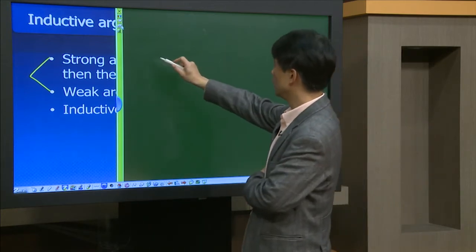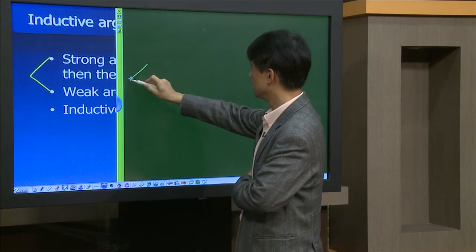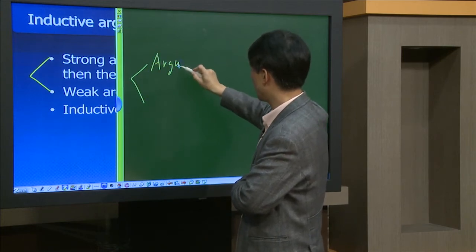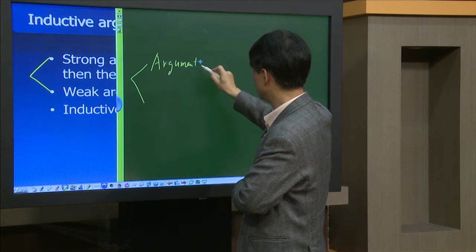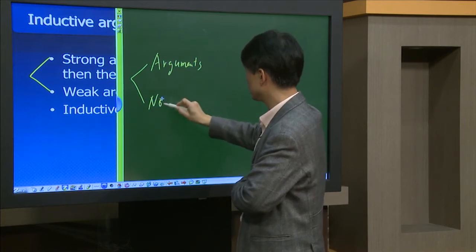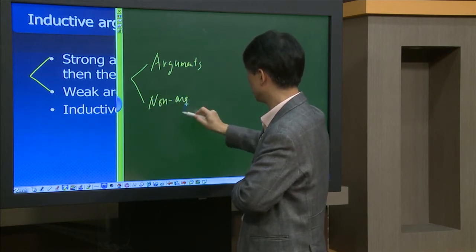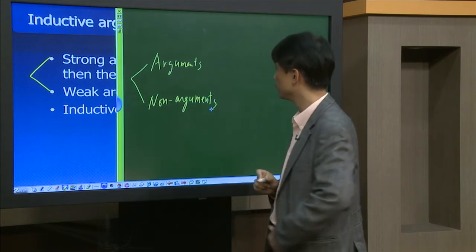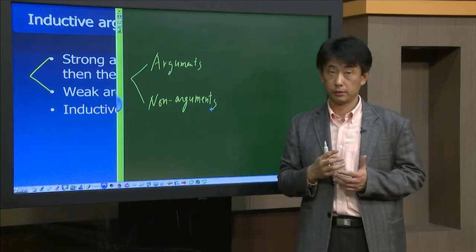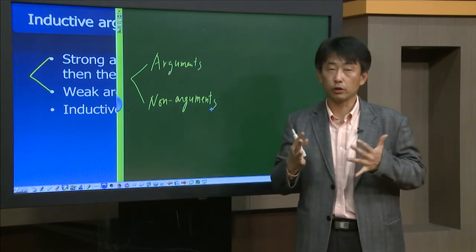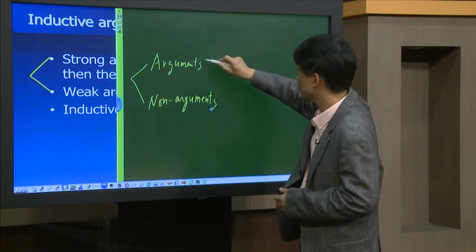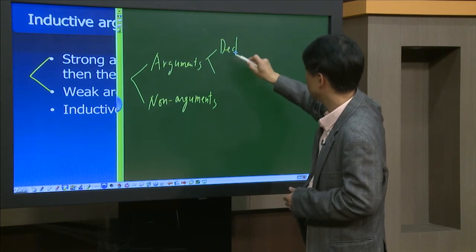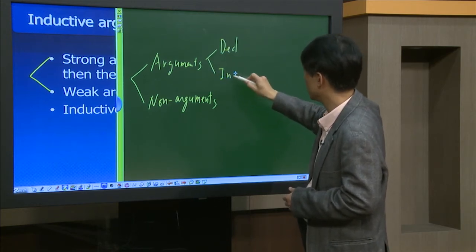That is, a set of sentences are divided into arguments and non-arguments. Some sets of sentences are arguments. Arguments, again, divide into deductive and inductive argument.